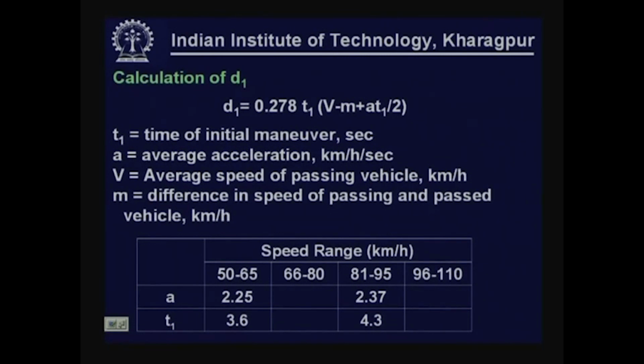D1, as I told, is the distance covered by the overtaking vehicle during the initial perception reaction time and also during initial acceleration.